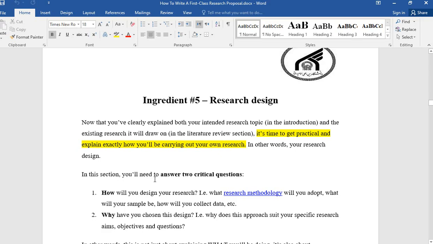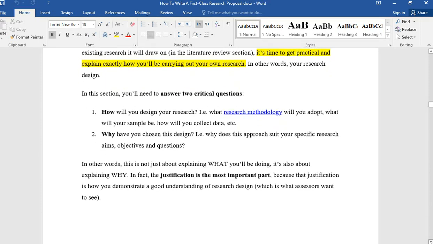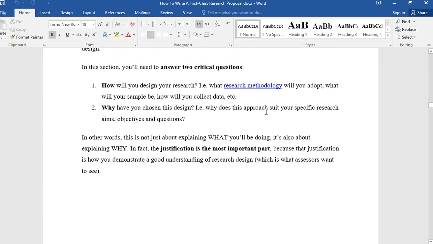In this section, you will need to answer two critical questions. We have to answer these two critical questions in the research design of our proposal. One, how will you design your research? What research methodology will you adopt? What will your sample be? How will you collect data?